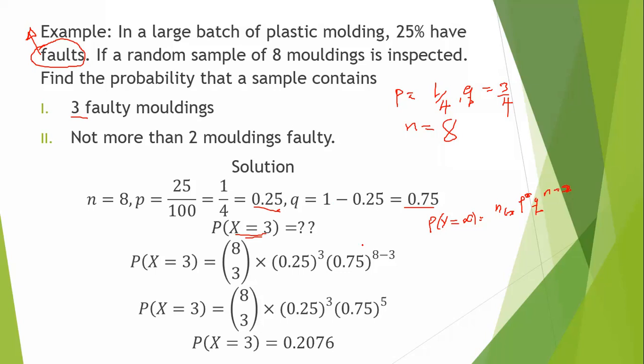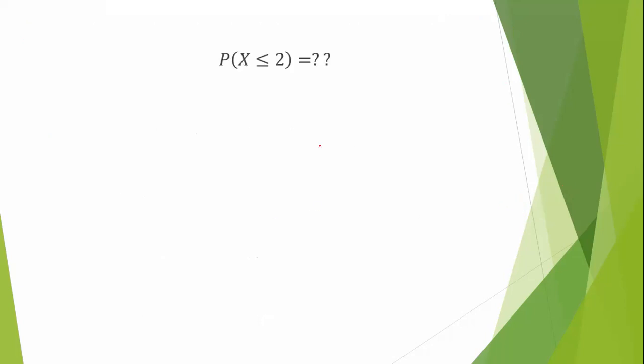Okay, who can interpret for us the second part, not more than 2? Means 2 and below. Okay, thank you. So that would mean probability of x being less or equal to 2.